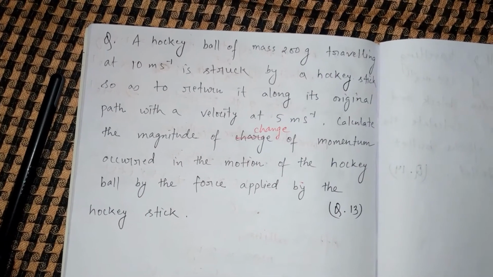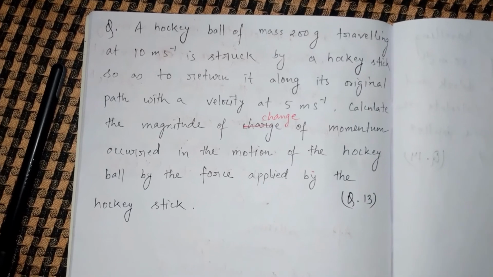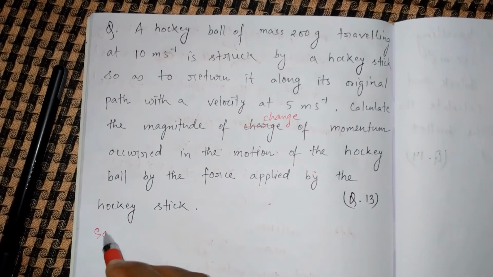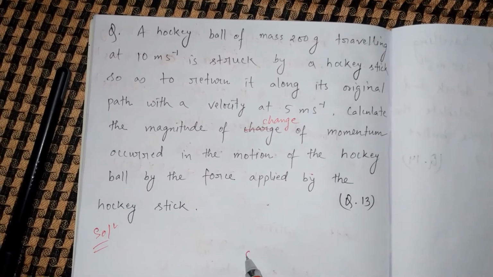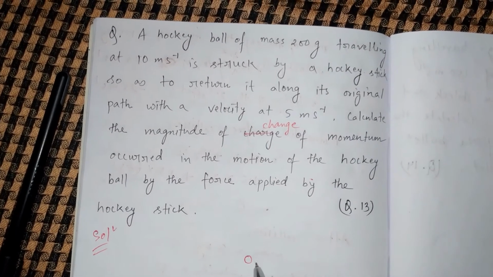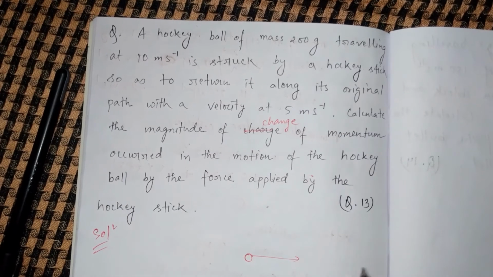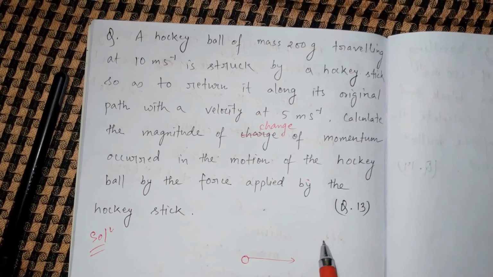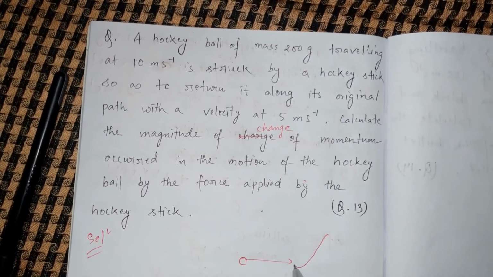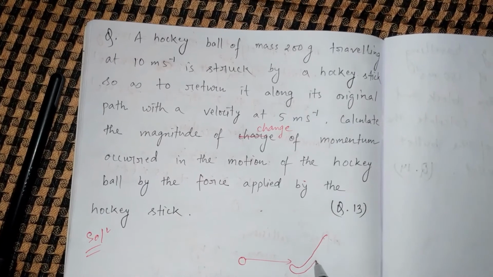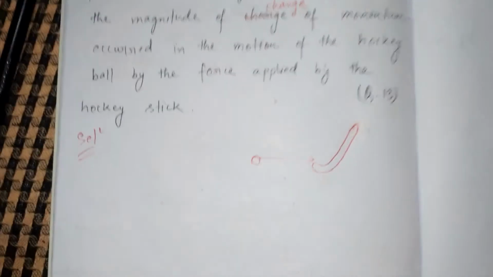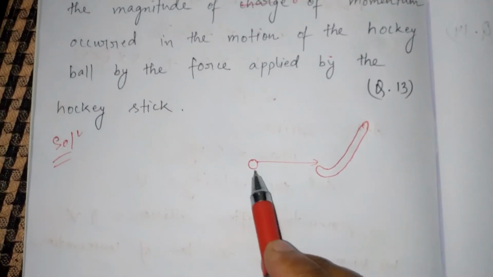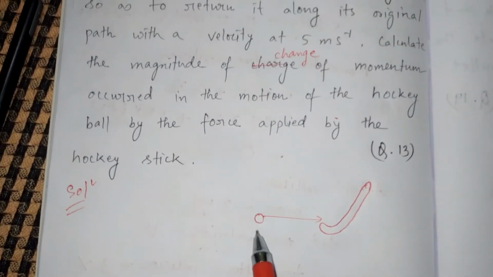Okay, let's understand it first. Without understanding we cannot proceed. So suppose there is a ball, a hockey ball. It is coming towards a hockey stick. I'm drawing it. I don't know if it is perfect or not, but somehow I have drawn it. So there is a hockey stick and this ball is coming towards it. The ball has a mass of 200 gram.